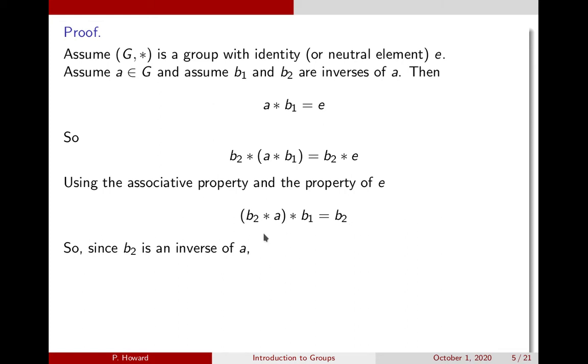And since B2 is an inverse of A, B2 star A is the neutral element, the identity element. So B2 star A is the identity. And now on the left-hand side, we use the property of the neutral or identity element once more. E star B1 is B1. So we have concluded that B1 equals B2. And you notice that the typographical error in the spelling of therefore has magically been fixed.